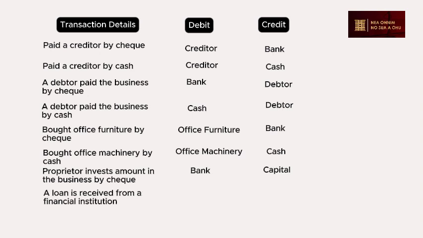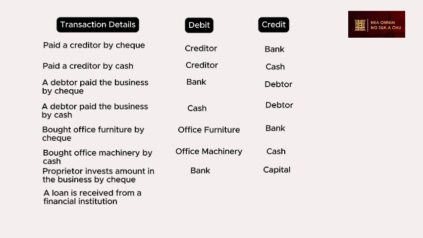A loan is received from a financial institution. What are we talking about here? A loan, which is what? A liability. But when it comes in as what? Cash, which is received typically into the bank account.